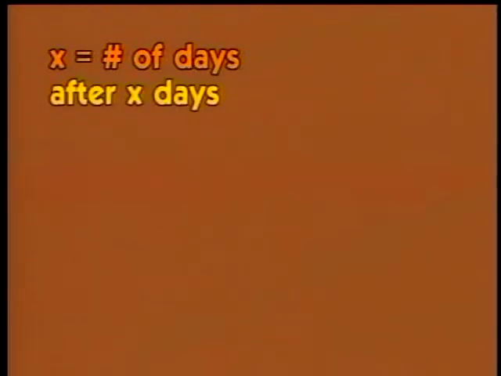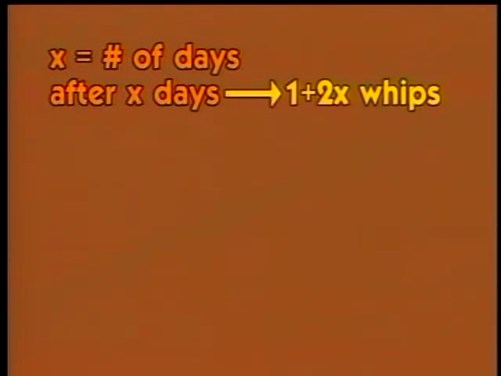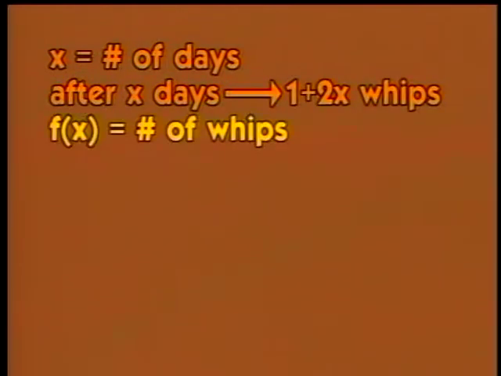After x days, there will be 1 plus 2x whips. That expresses the number of whips as a function of x, because as soon as the value of x is known, we can immediately compute the number of whips. Using the standard form, we write f of x equals 1 plus 2x, where x is the number of days that have passed, and f of x is the number of whips that Simon has.